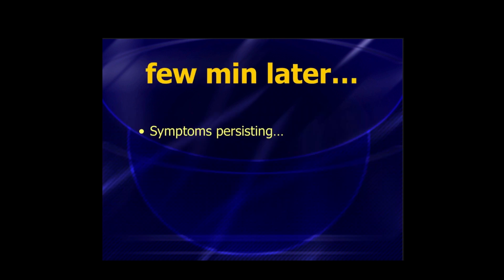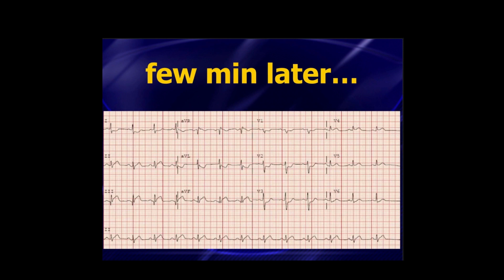Patient had persistent symptoms, and so what did he do? He got a repeat 12-lead ECG. I love it. And here is what you end up getting. There is now ST segment elevation in the inferior leads. This patient's having an inferior wall STEMI. 1 and AVL are looking worse.